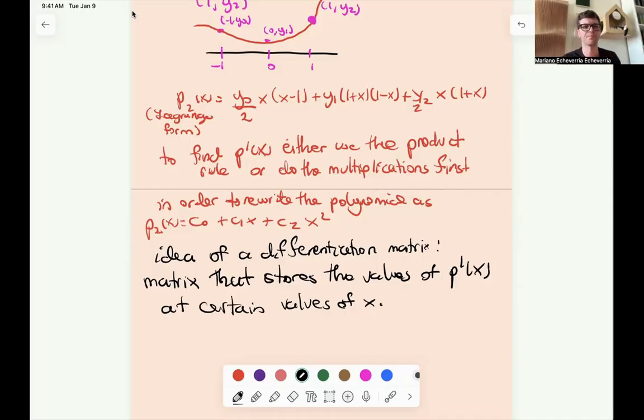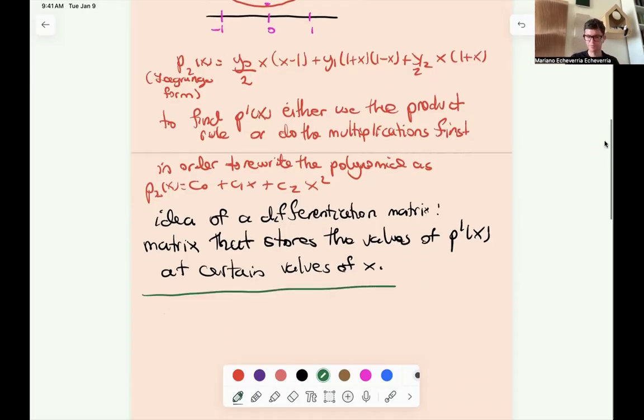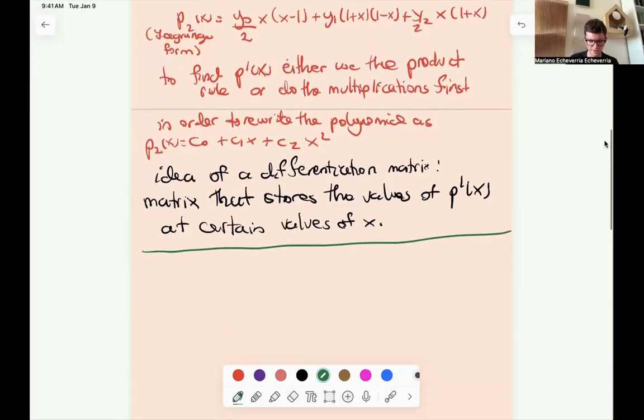Okay, so let me give you an example, and then I will give more of a definition of what the differentiation matrix is. Let me write down the setup first, and then I'll work it out in the example I was just telling you about.